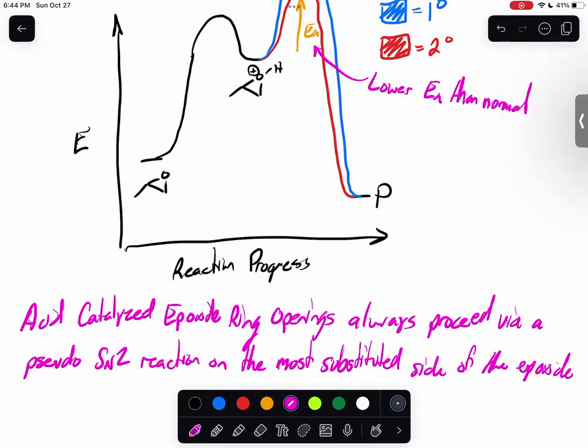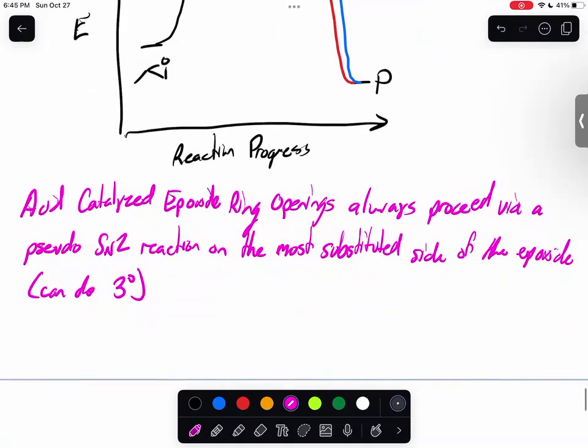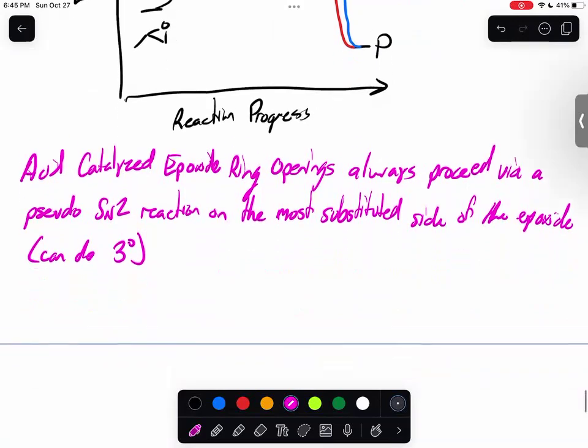And of note, it can do tertiary, which is the exception to everything we've talked about with SN2. Okay? The other thing to keep in mind is it doesn't have to be sulfuric acid.